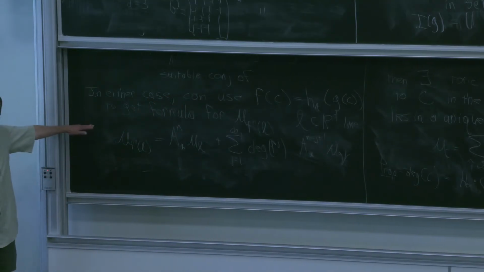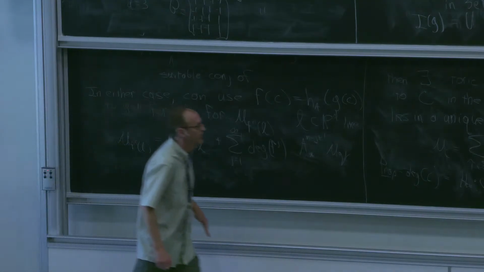So you just get this recursive formula for the images of a line. But you got to be careful with the line.